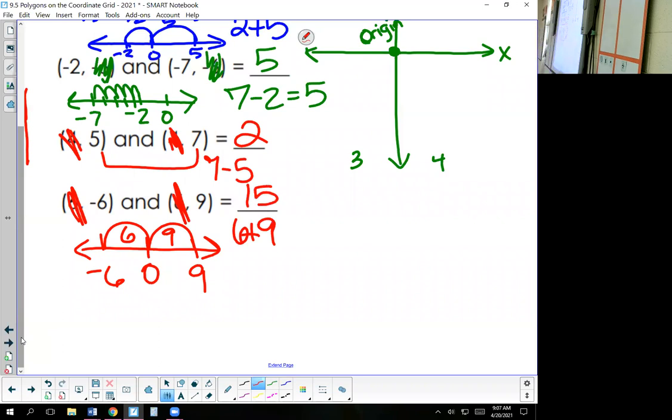What if both of them are different numbers? You can't do this trick. You would have to use the distance formula. You don't know that yet.